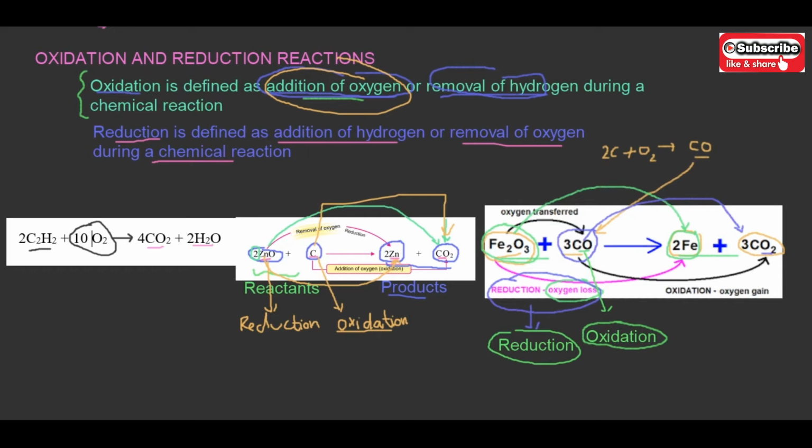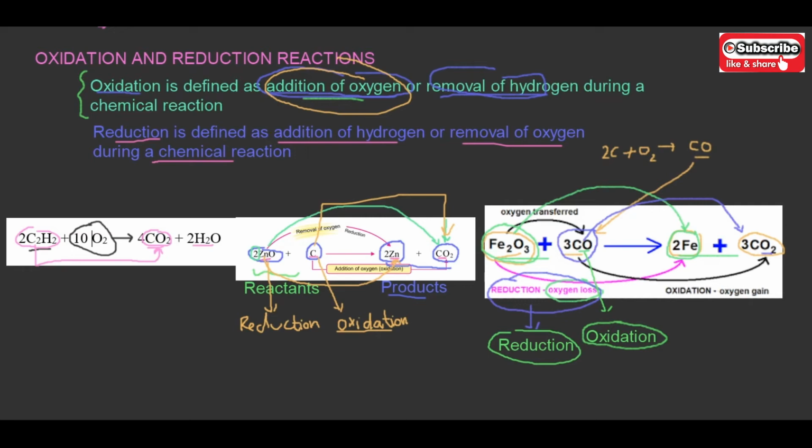Now as you can see, in this case the carbon atom is bonded with hydrogen atom, while in this case the carbon atom is bonded to oxygen atom. So what does this mean? It means that the carbon atom, in this case, was bonded to hydrogen, while in this case it is bonded to oxygen atom. So it means addition of oxygen has taken place at the carbon atom.